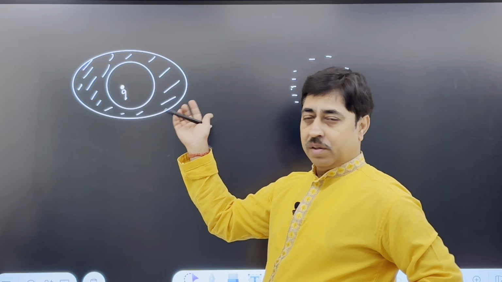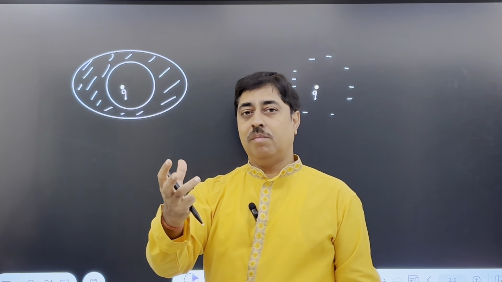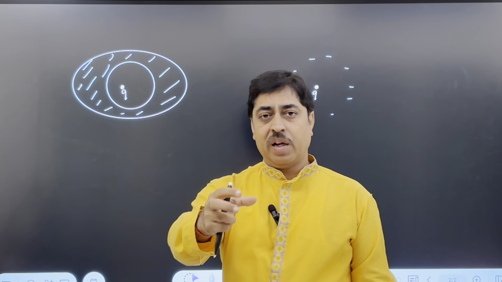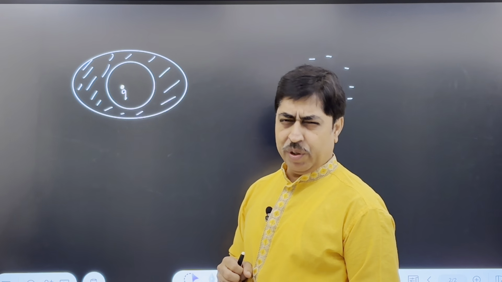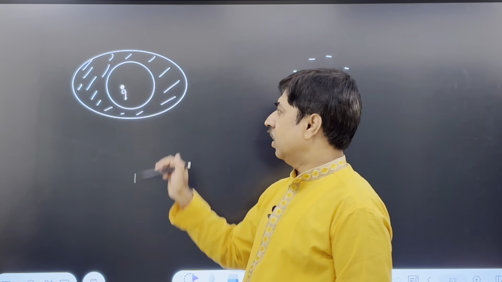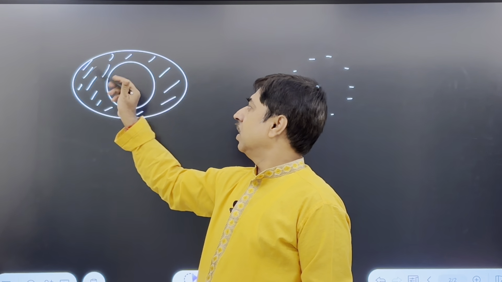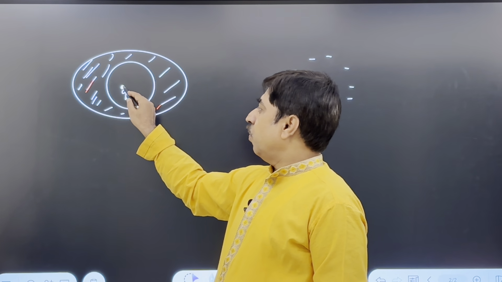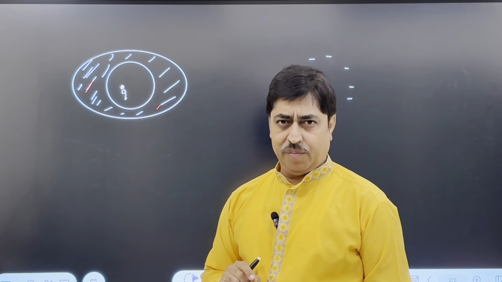Suppose this is any odd shaped metal block having a cavity. Well, I have made a spherical cavity. It need not be a spherical cavity actually, but this is the cavity region, and the colored part is metal, right? And there is a point charge placed inside the cavity, anywhere inside the cavity.